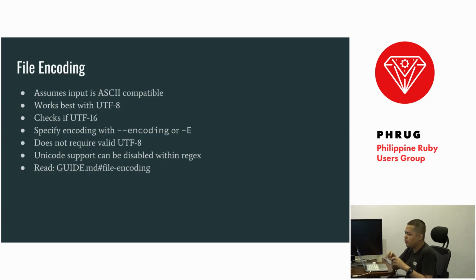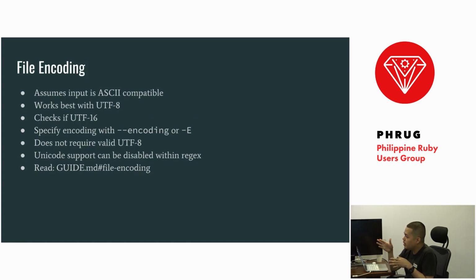For example, if you force the search on a binary file and there are UTF-8 code points in there, then ripgrep will match those, even though they may not necessarily be actual UTF-8. If the file is not purely UTF-8, that's fine.